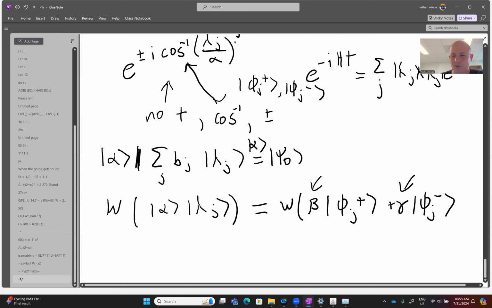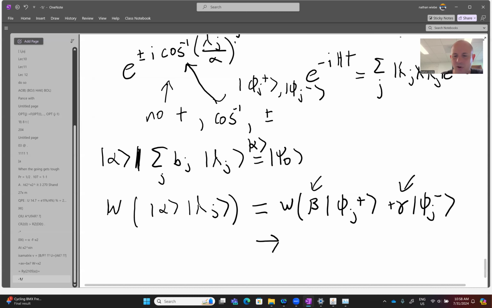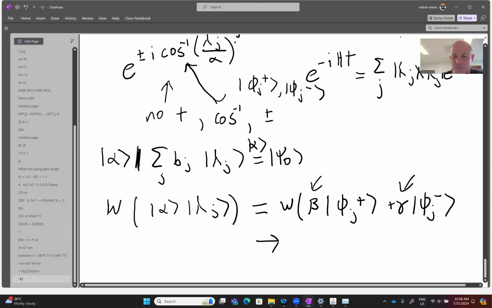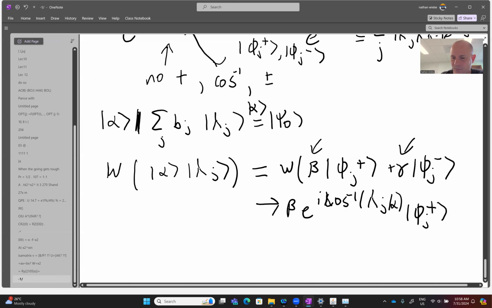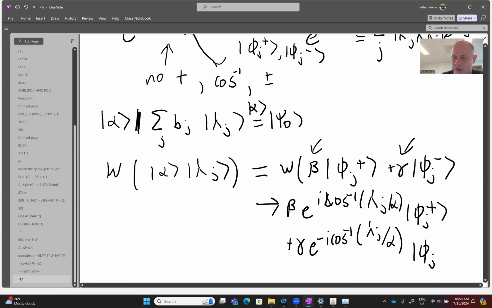If we express it in the eigenbasis, then an application of W will end up giving us beta e to the i arc cosine of lambda j over alpha phi j plus, plus gamma e to the minus i arc cosine of lambda j over alpha phi j minus.